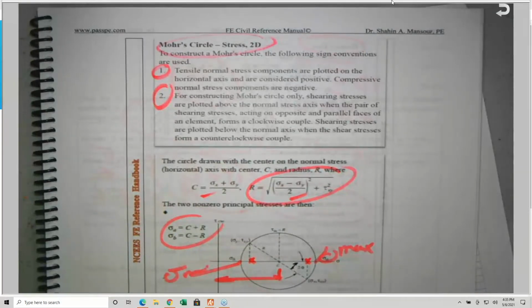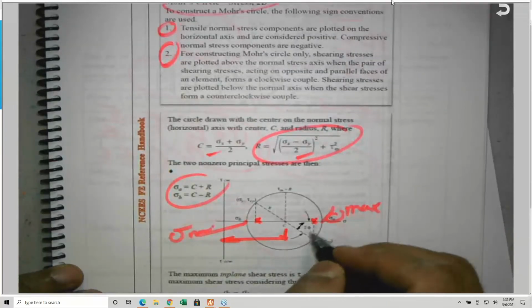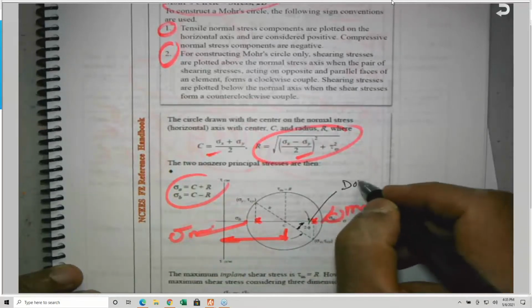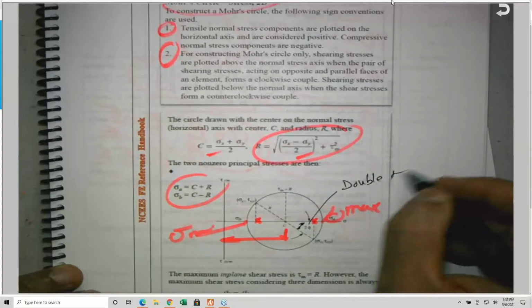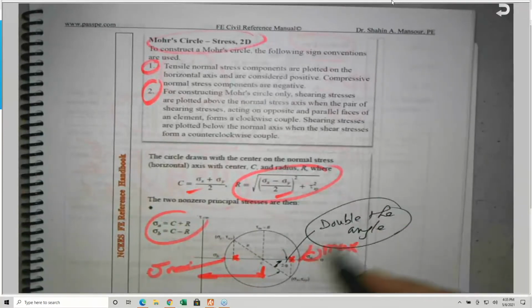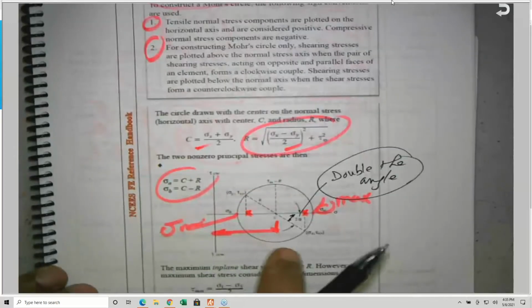They did not give you the equation, but they are assuming that we know how to get the angle 2 theta. And Mohr's circle will give you double the angle. I need you to remember double the angle. When Professor Mohr took the equations and converted them to a graphical solution, it ended up being double the angle.